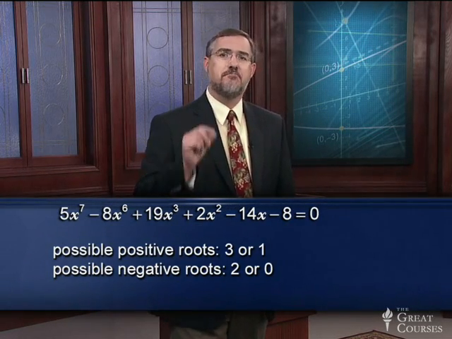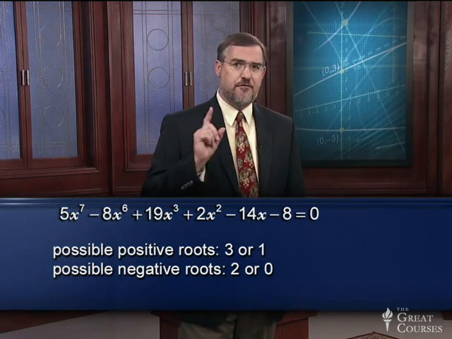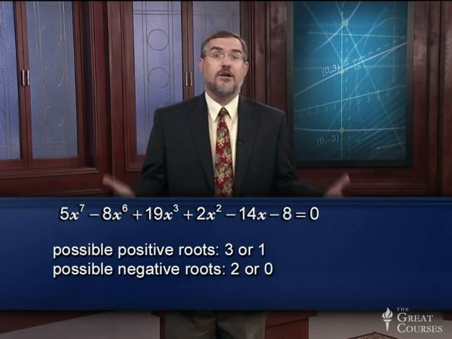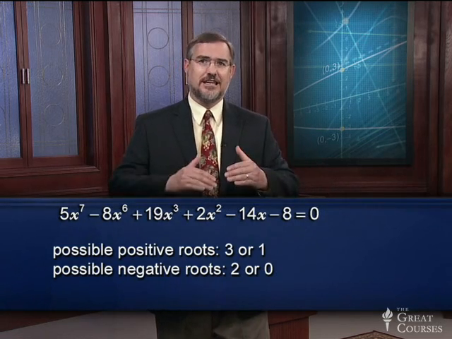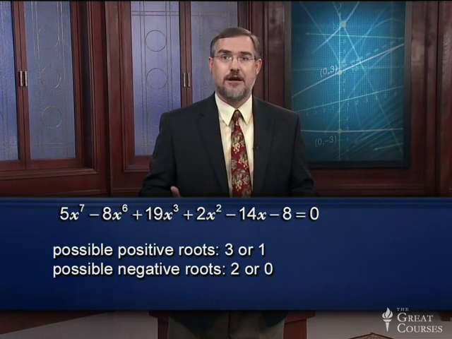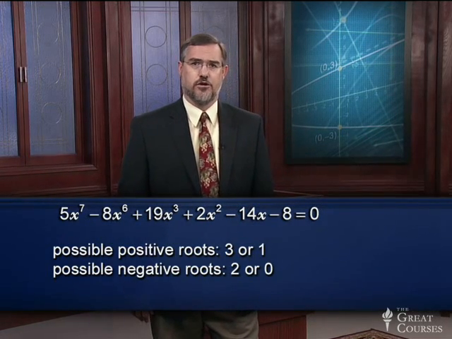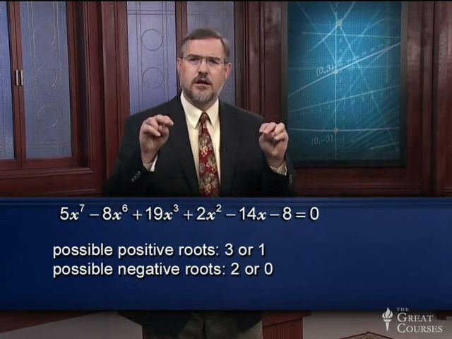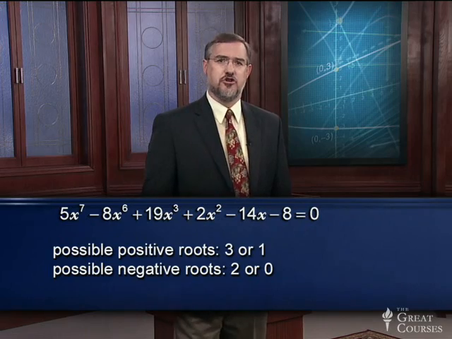Since the possible number of negative roots is either 2 or 0, if we found one negative root, we would know that we'd have to find another one which is also negative so that we could get up to the 2, because the only 2 possibilities were either 2 or 0 for the number of negative real roots. So Descartes' rule of signs is great for checking our work and also for making sure we've done everything that we need to do.